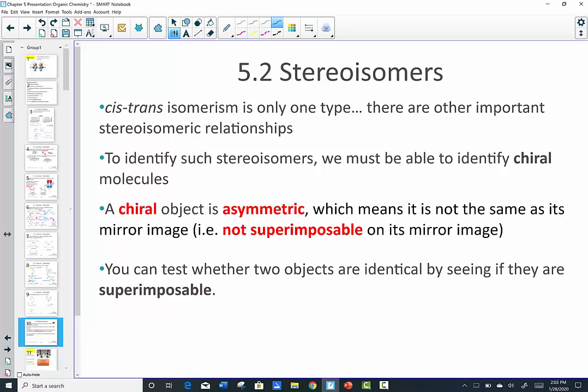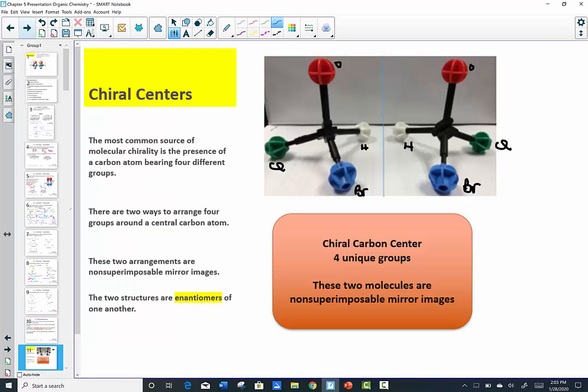A chiral object is asymmetric, which means it is not the same as its mirror image. We call it non-superimposable. To test whether two objects are identical, or if they are non-superimposable mirror images, we see what laying the molecule on top of itself would create. And let's demonstrate with a molecule.